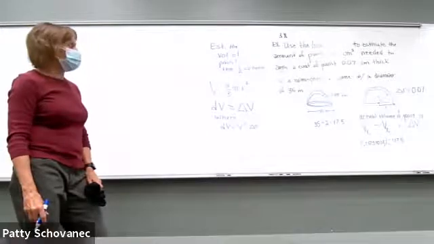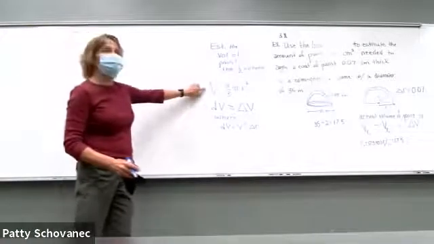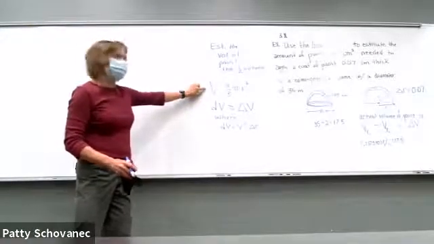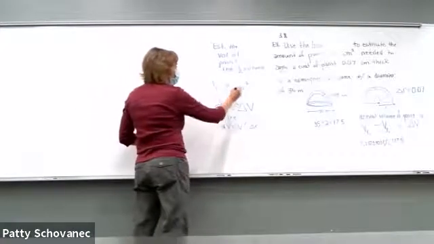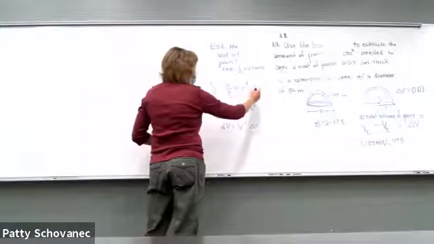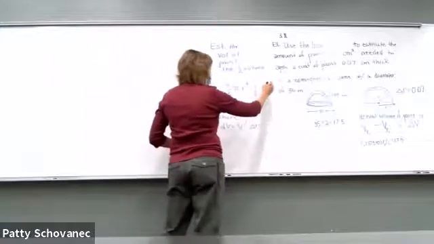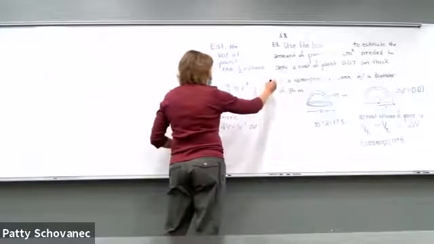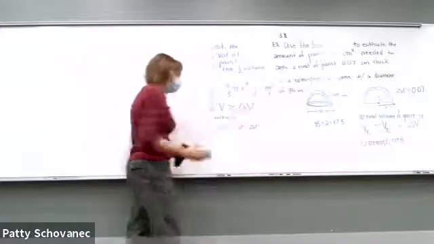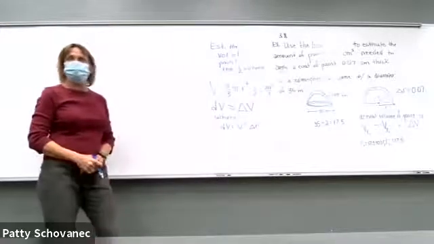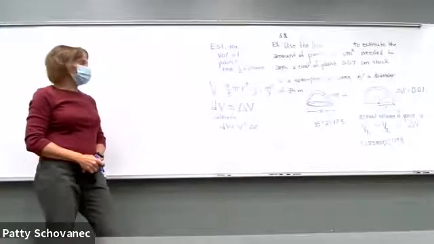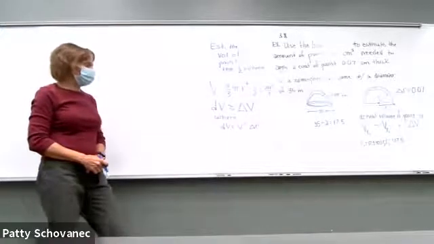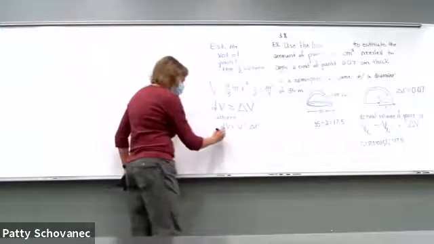Now it's just a hemisphere, so I need to cut this in half, which gives 2 pi r cubed over 3. We take the derivative with respect to r to get dV.